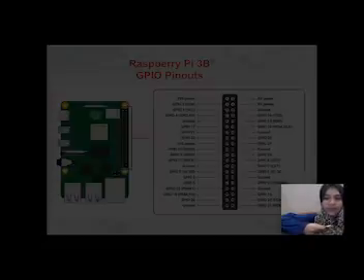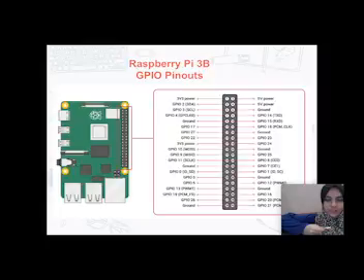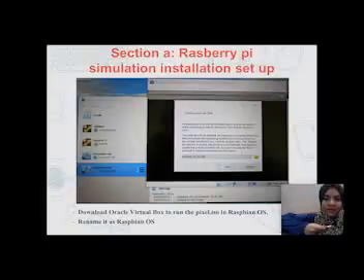So moving on to the next slide is Raspberry Pi 3 GPIO pinouts. It's just the same as the ones I explained in the general pinouts.